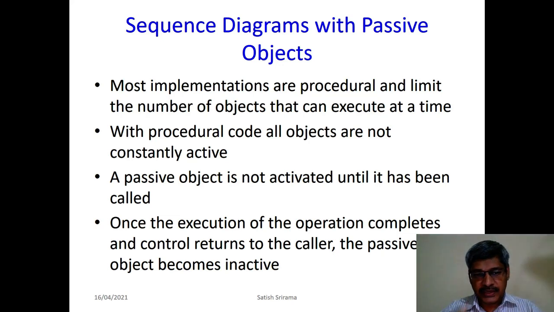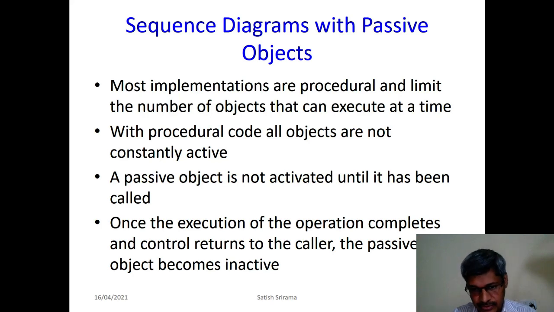Because procedural code will not allow all the objects to be running all the time, there are certain passive objects. The passive objects become activated when they are called for. Once the execution of the operation completes and the control returns to the caller, the passive object again becomes inactive.